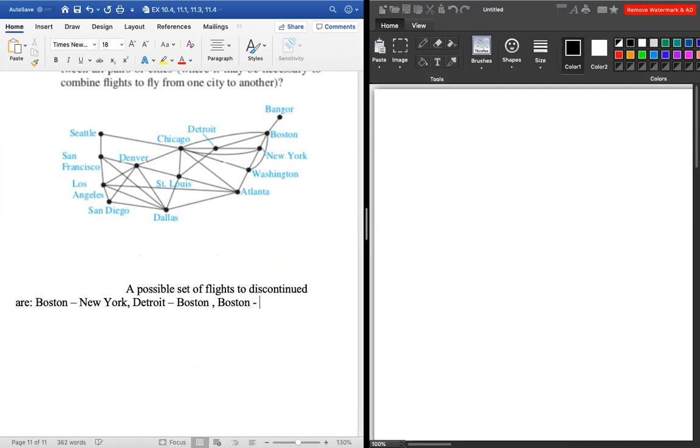Boston and Washington, cancel out that. We can cancel out New York and Washington. The other possibility is to cancel out New York and Chicago.